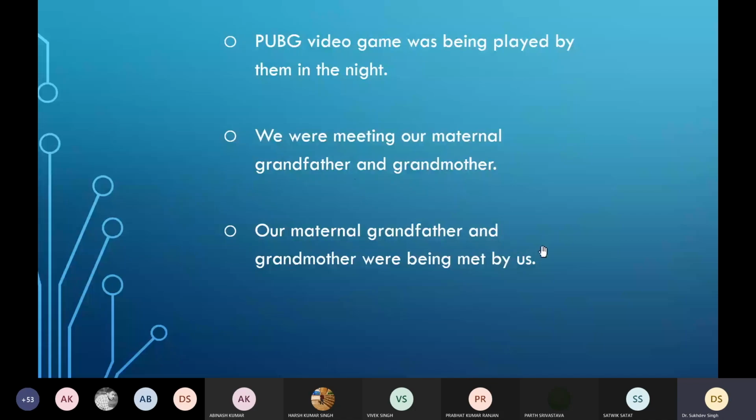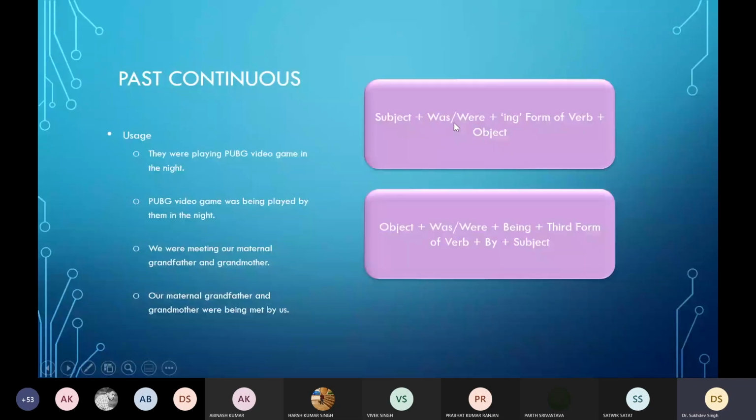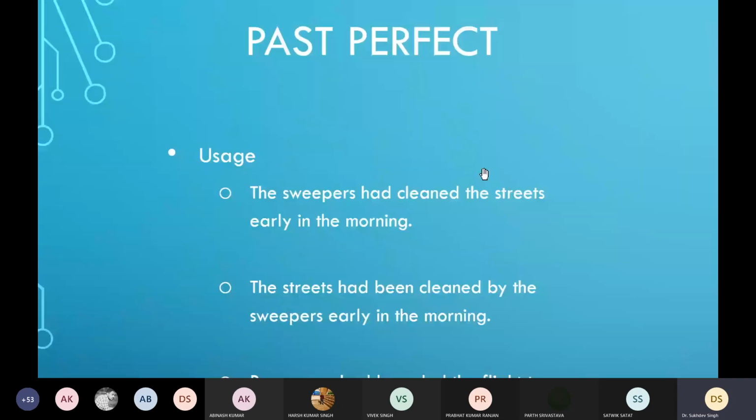That's why this subject over here becomes object and is converted as us. These are the rules. Past continuous: subject plus was, were, depending on the plurality or singularity, then ing form of verb, then object, and after that in the passive voice, object will come first, then was, were, depending on plurality or singularity of object, then being, then third form of verb, after that by, and then subject in the place of the object.